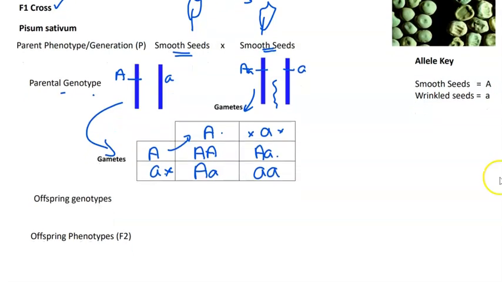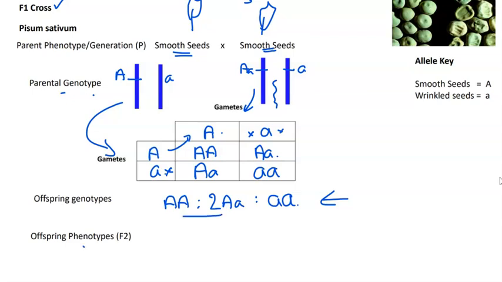So let's write the genotype of our offspring underneath. It was 1 big A big A to 2 big A little a's to 1 little a little a. Now this is the ratio, the frequency, the probability from a single genetic cross would be in this ratio here.